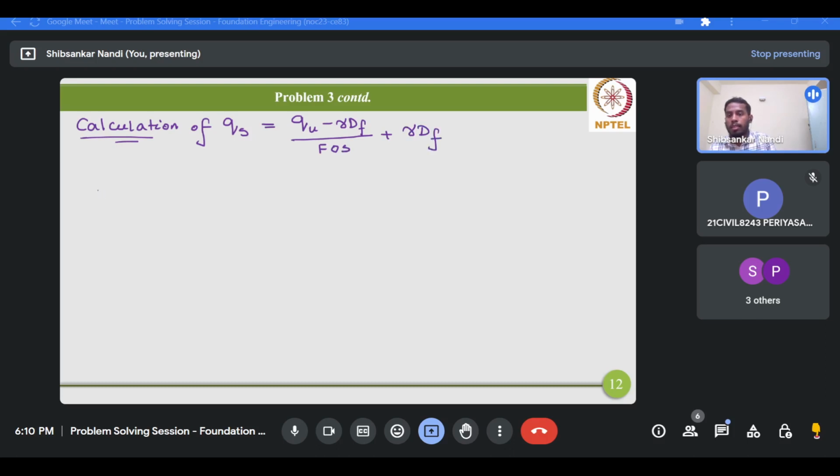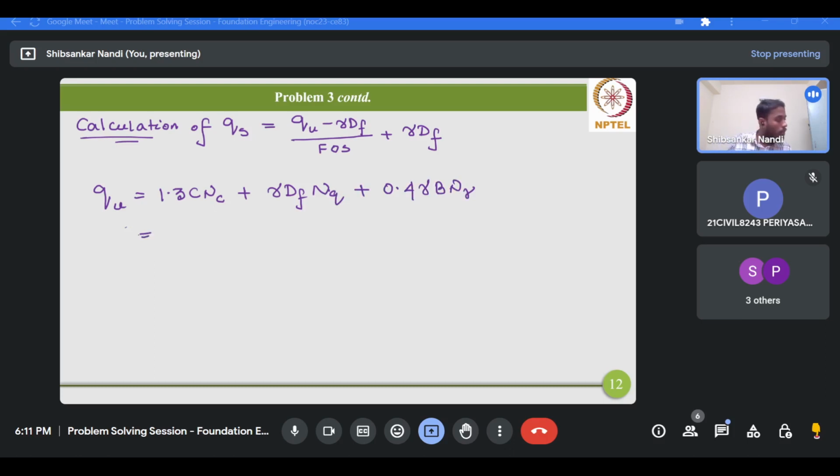Now, as per Terzaghi's theory, what is QU? So QU is 1.3 C NC plus gamma Df NQ plus 0.4 gamma B N gamma. Okay, so this is only valid for square footing.